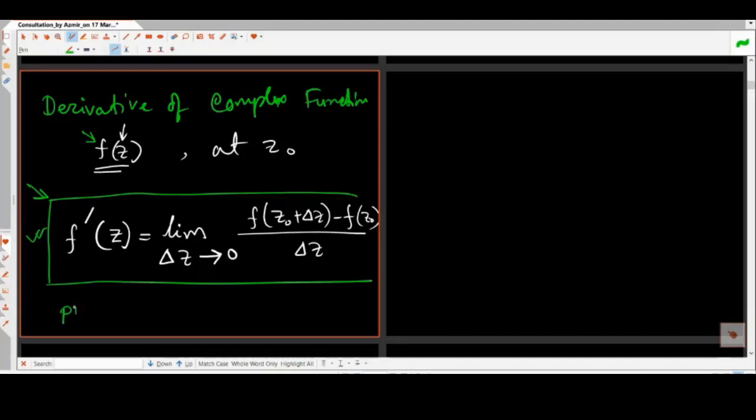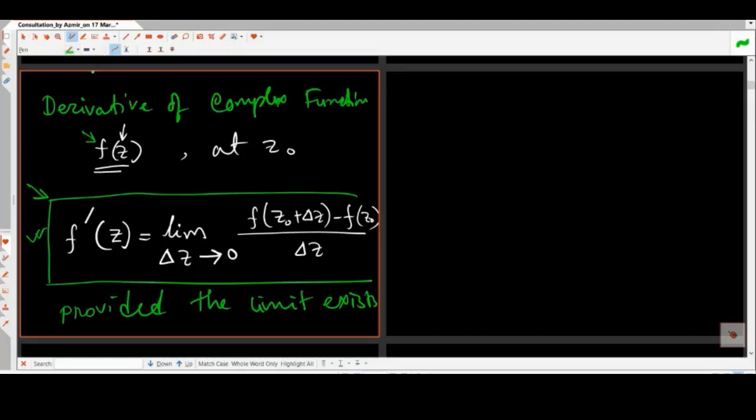So we say, provided the limit exists. This is the definition of the derivative of a complex valued function.